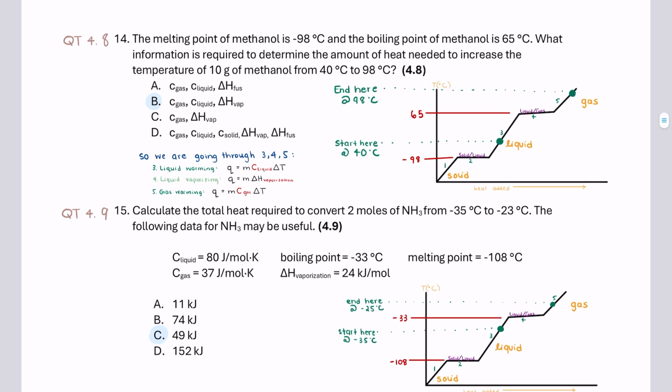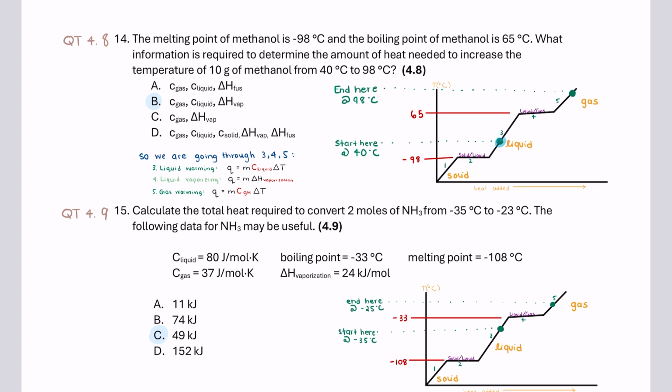The next problem says the melting point of methanol is negative 98 degrees Celsius, and the boiling point is 65 degrees Celsius. What information is required to determine the amount of heat needed to increase the temperature of 10 grams of methanol from 40 degrees Celsius to 98 degrees Celsius? Let's visualize this on a heating curve.